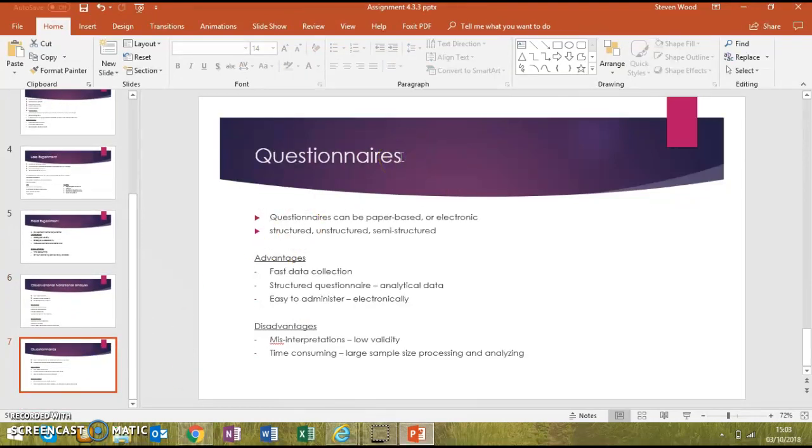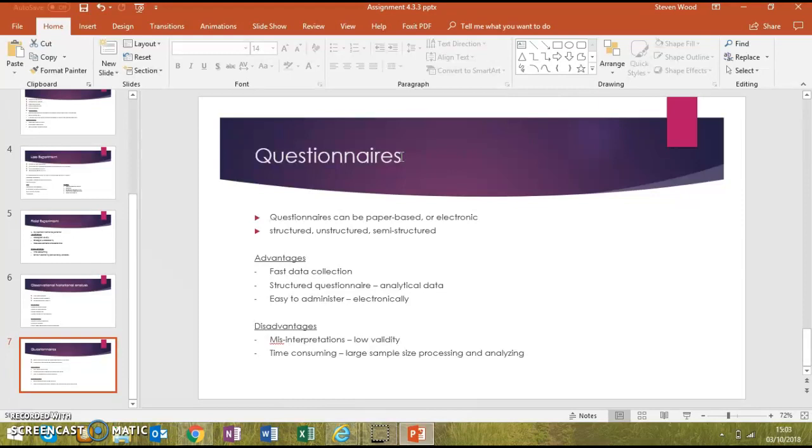Next, I look at questionnaires. Questionnaires can be paper-based or electronic, and they're mainly used by researchers to get information out of participants. There are 3 types of questionnaires, as we looked at in a previous assignment: structured, unstructured, and semi-structured.